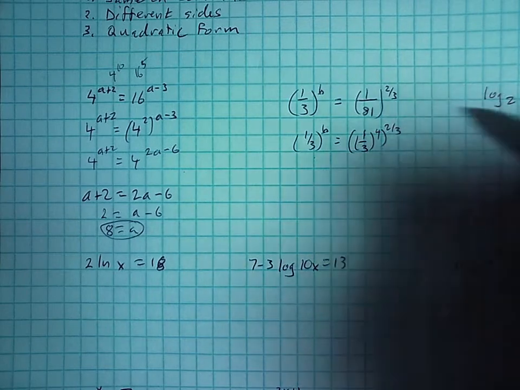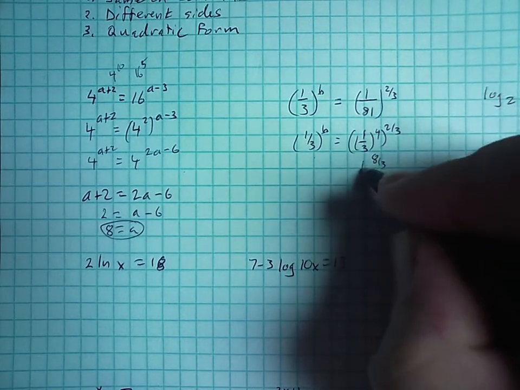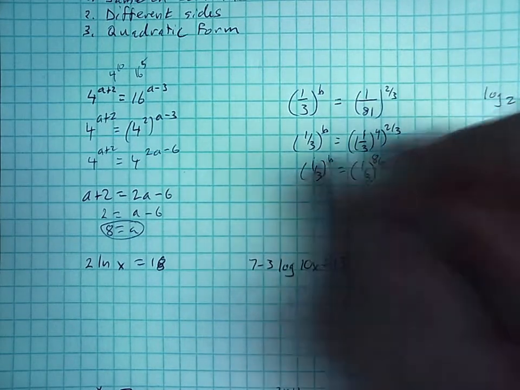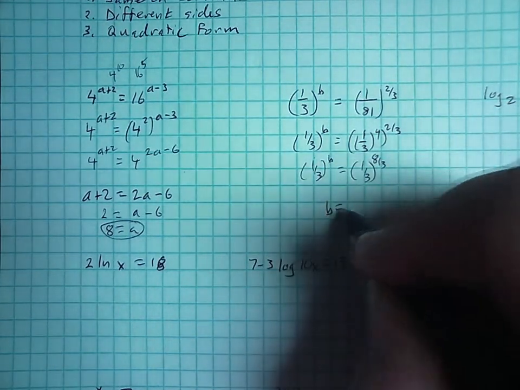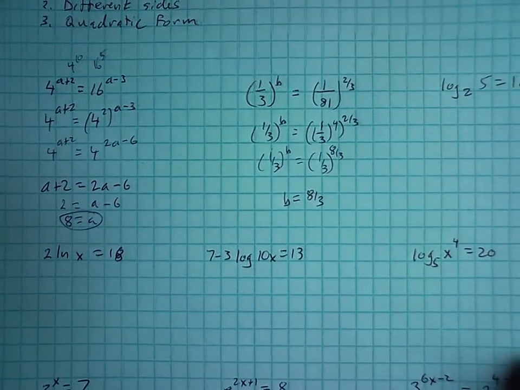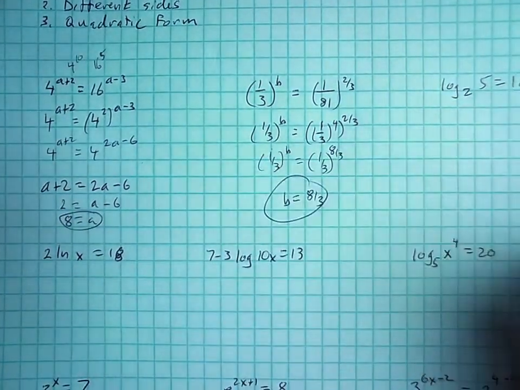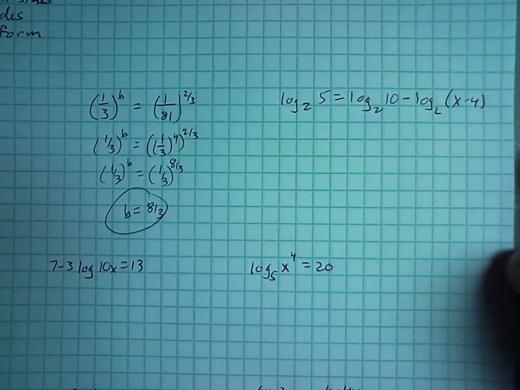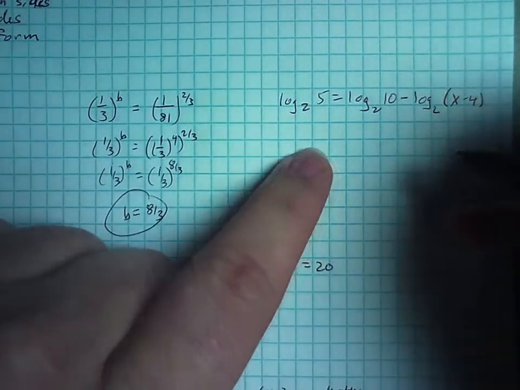And that gives me 8/3 over here. And if 1/3 to the b power has to equal 1/3 to the 8/3 power, then if the bases are the same, the exponents have to be the same. So b is 8/3. Oh, I got distracted and lost my alphabetical order. Well, way back at the beginning.